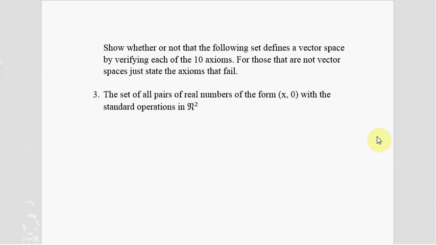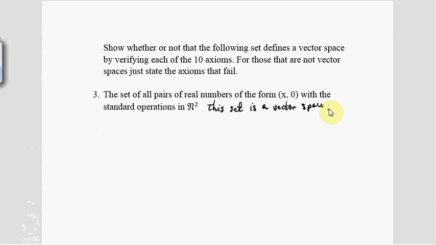If I add vectors like that, is the result the same? Yes, it is. If I multiply a scalar times this vector set, is that result the scalar times a vector? Is it still first component comma 0? Yes, it will be. So this set is a vector space. It satisfies all 10.